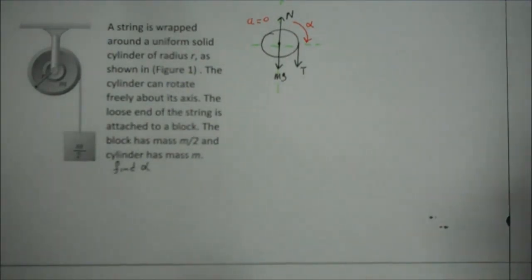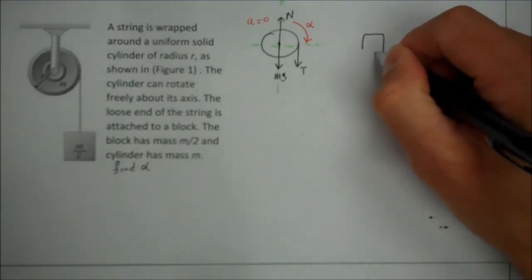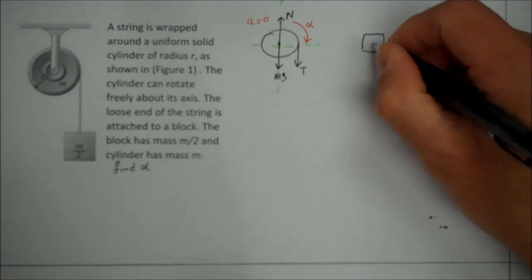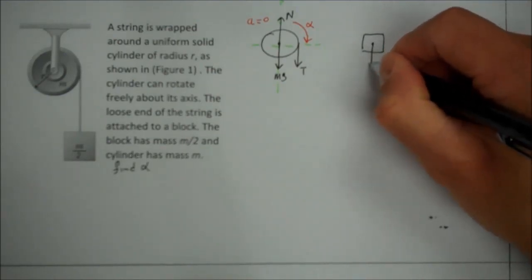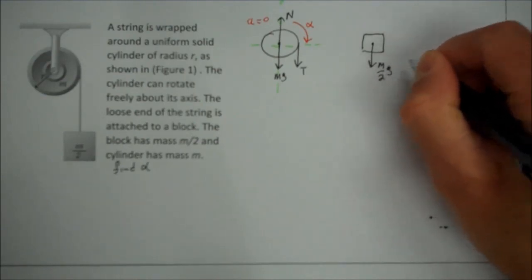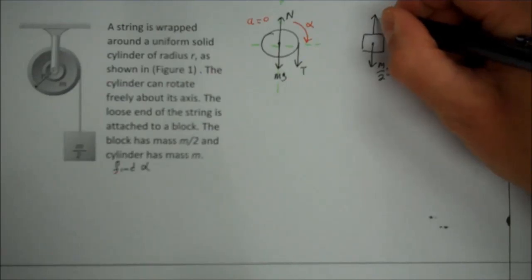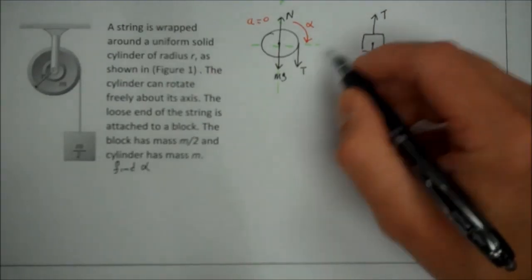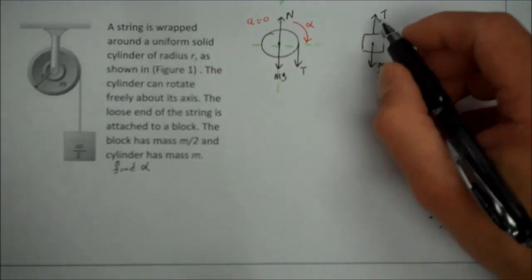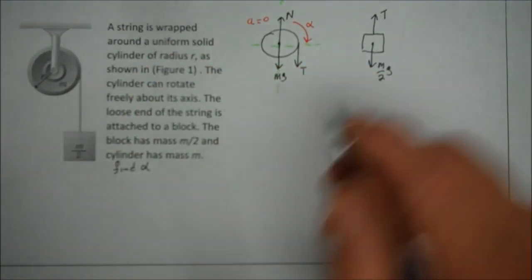Now the block. It has gravity acting from its center of gravity, and that's M over 2 g, and it has a tension up, and that is the same tension. These are the same size force, opposite directions, because they're the same section of string.